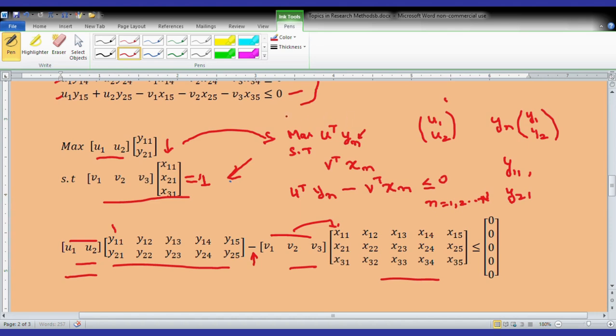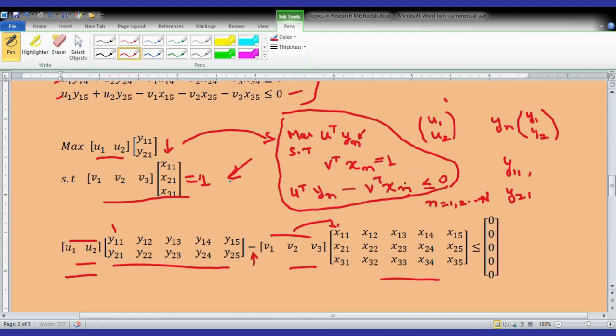So this is how this system is mentioned in the textbook, or sometimes in the research papers when you are reading them for literature review.